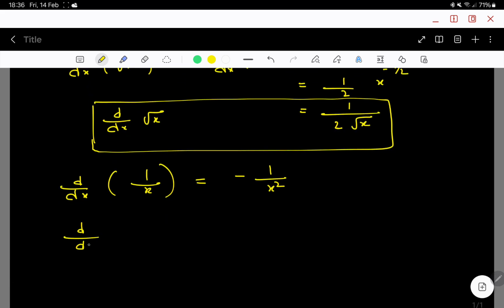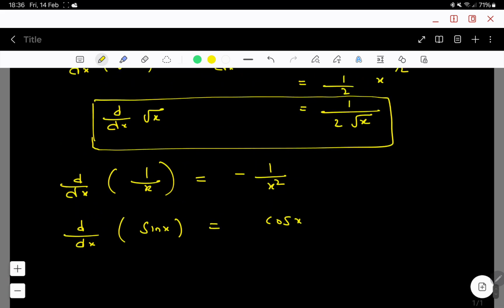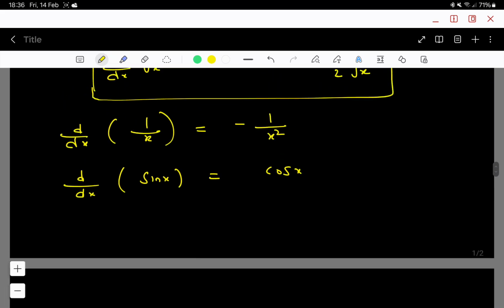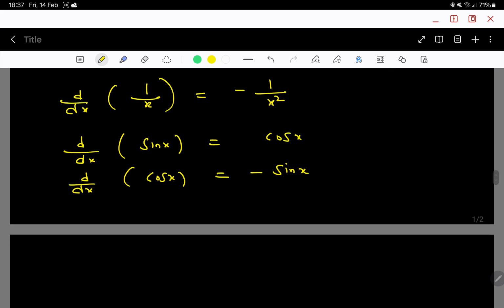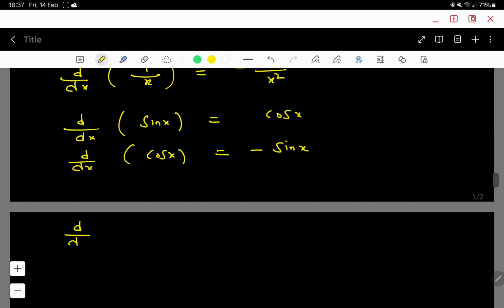Next, we write the derivative formula for trigonometrical functions. D by dx of sin x, it is cos x. D by dx of cos x, it is minus sin x. D by dx of tan x, secant square x.